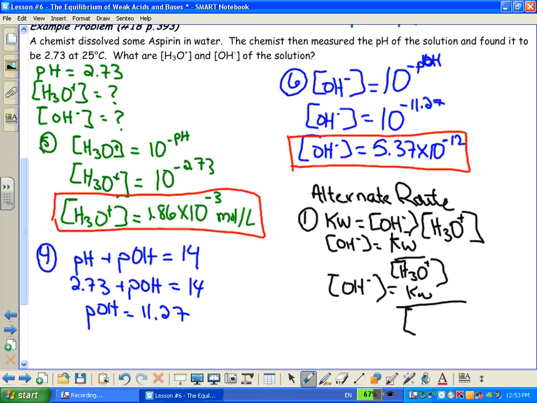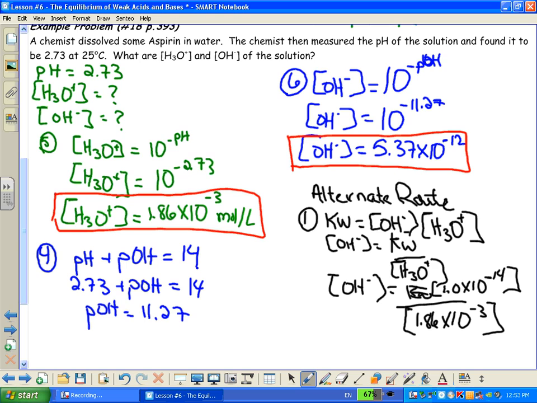So we found our concentration of our hydronium ions to be 1.86 times 10 to the negative 3. And we know that Kw is 1.0 times 10 to the negative 14.